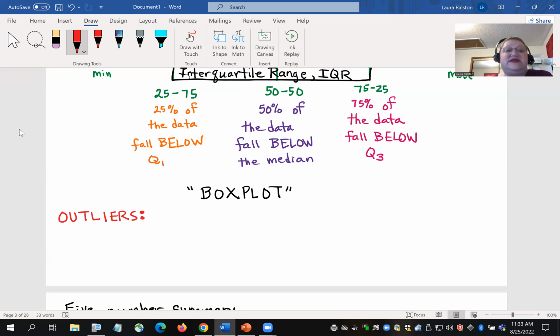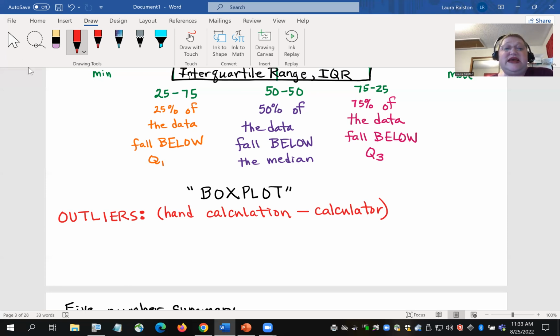So this is to calculate or determine the outliers. This is one of the few hand calculations that you're going to have to do. And when I say hand calculations, I mean you're going to use a calculator. You're not literally going to calculate it by hand. Okay, but it's a formula. I'm going to give you the formula, and then show you a picture, and then we'll actually do it in a minute with some numbers.